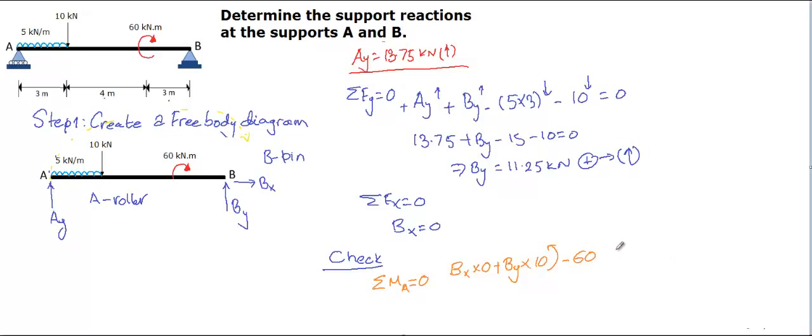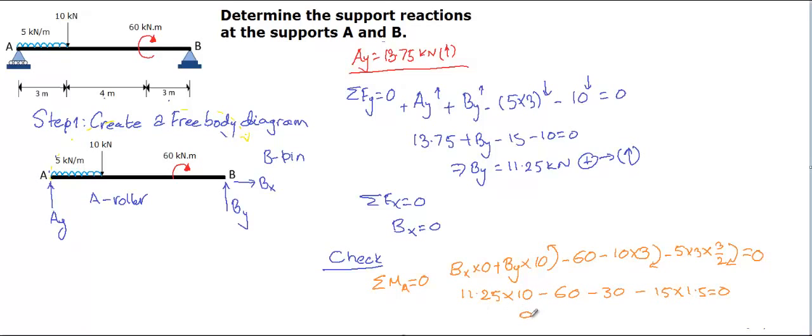So 60 kilonewton meter clockwise negative, 10 point load times 3 also negative, and 5 times 3 times 3 by 2, the distance from A to the point of action of the uniformly distributed load, which is also negative. So this gives us 11.25 times 10 minus 60 minus 30 minus 22.5 equals 0. So we get on both hand sides 0 equals 0.